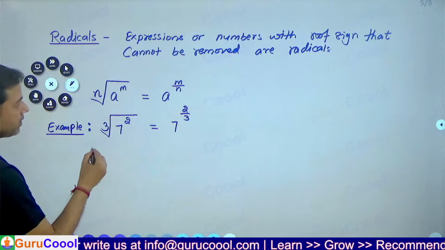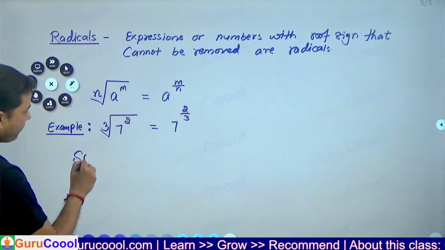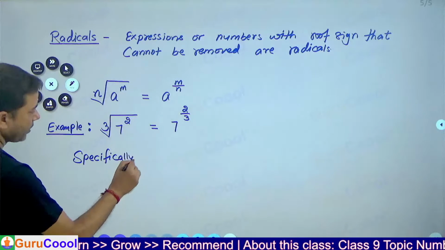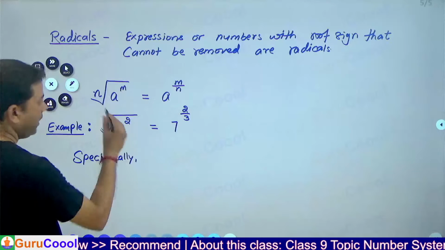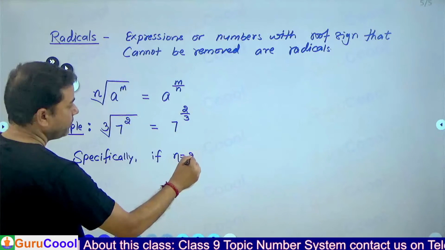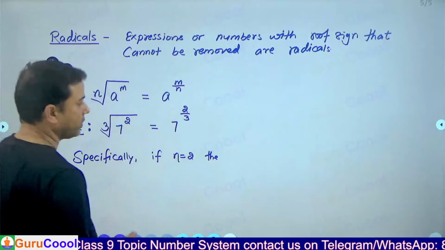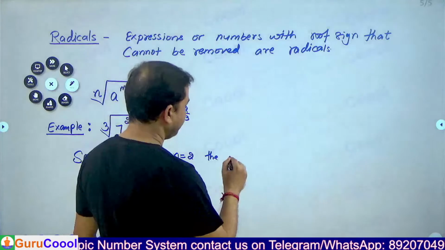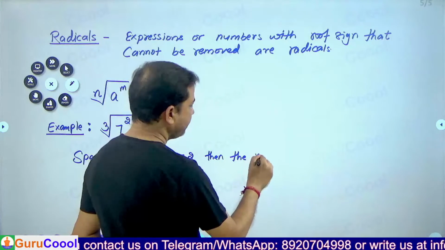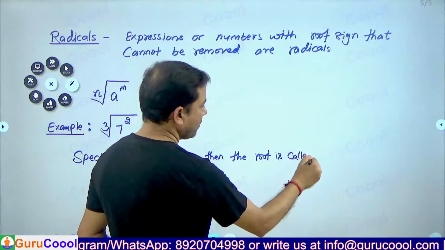So specifically, if n is 2, then the root is called square root.